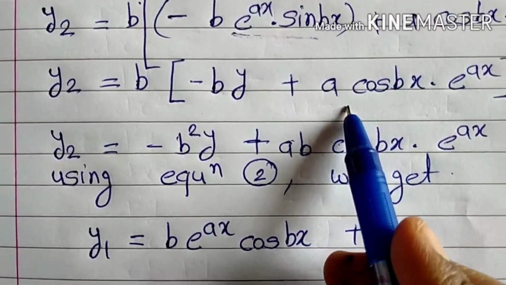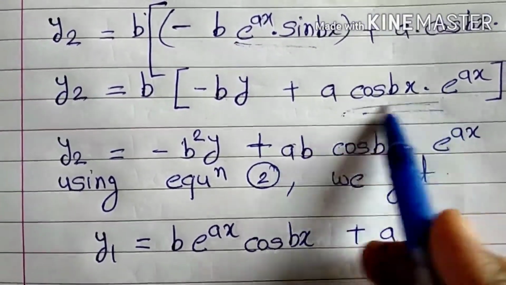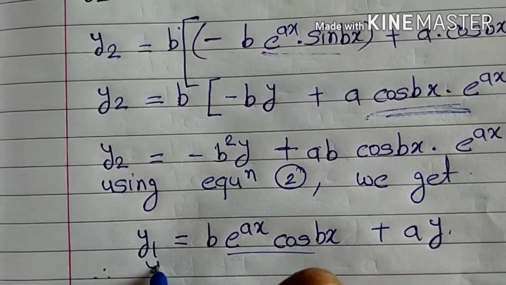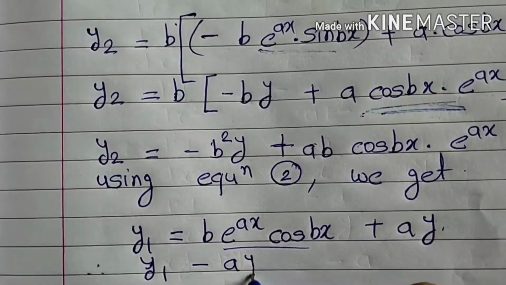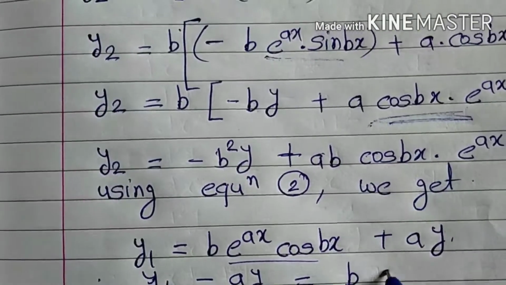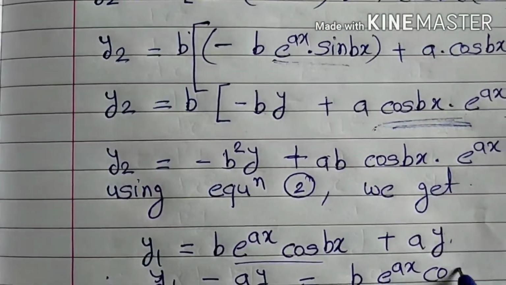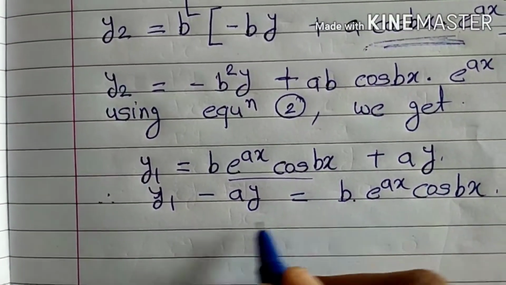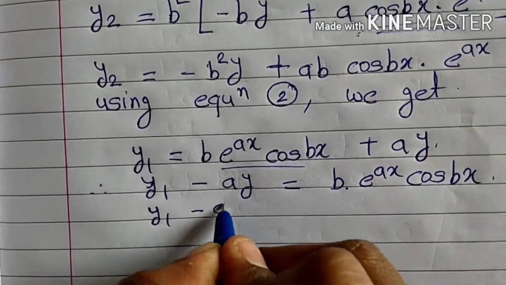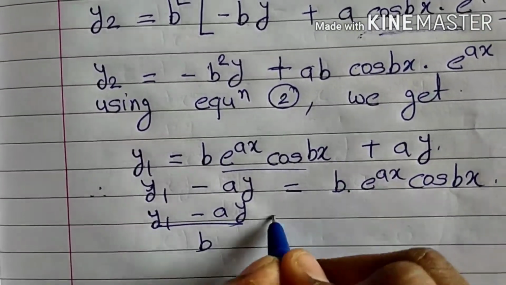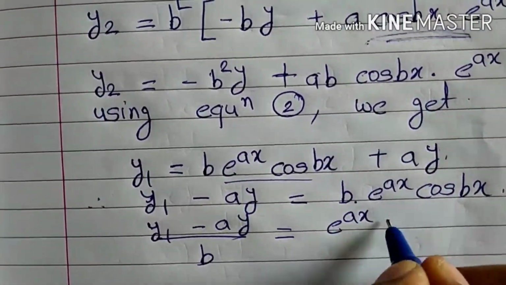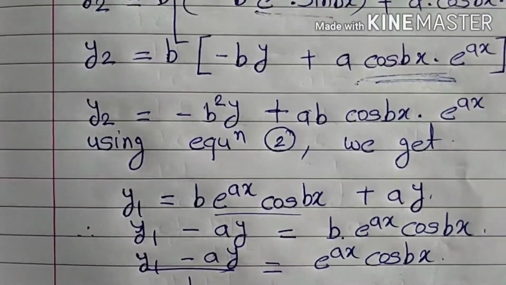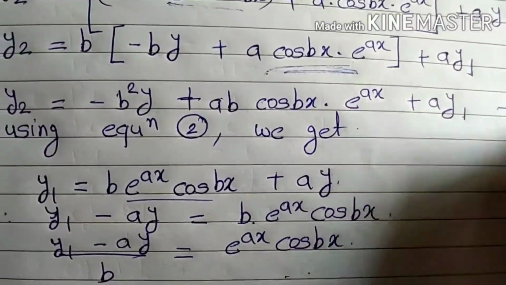So you can put the value of e raised to ax cos bx. So take it, y1 minus ay is equal to b e raised to ax cos bx. Then this b, take it like that, y1 minus ay upon b is equal to e raised to ax into cos bx. So put these values in this equation 3.